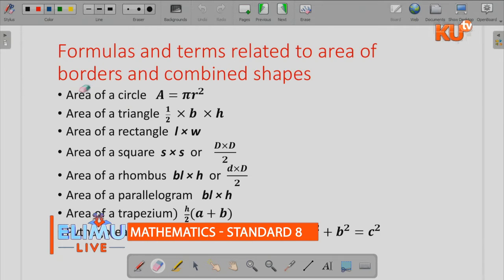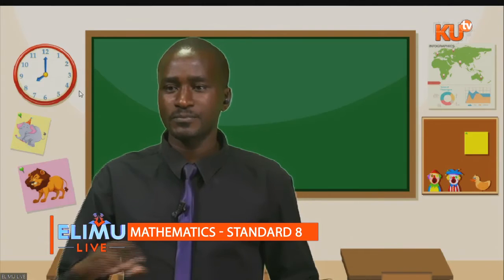As we move to area of combined shapes, there are factors which we must consider, because we have different shapes. When they are put together, they form what we call combined shapes.